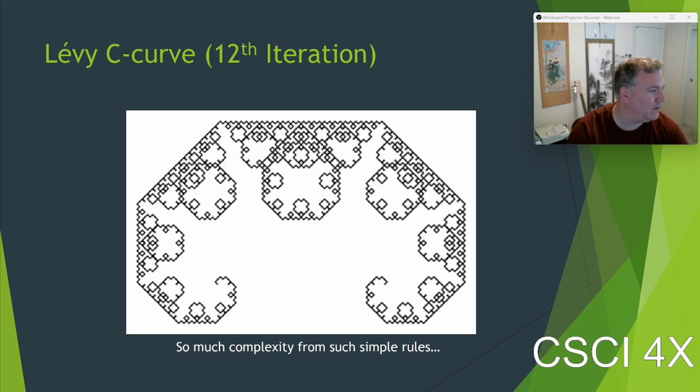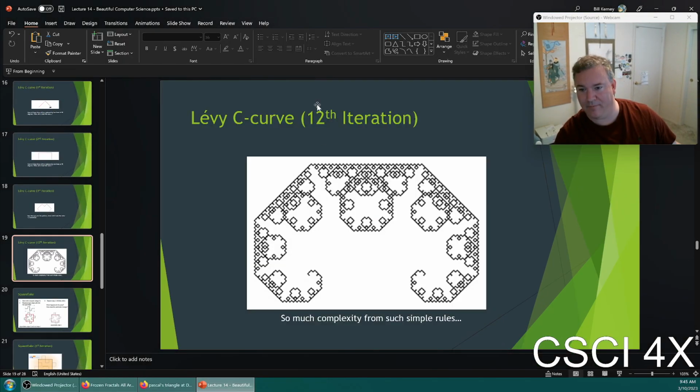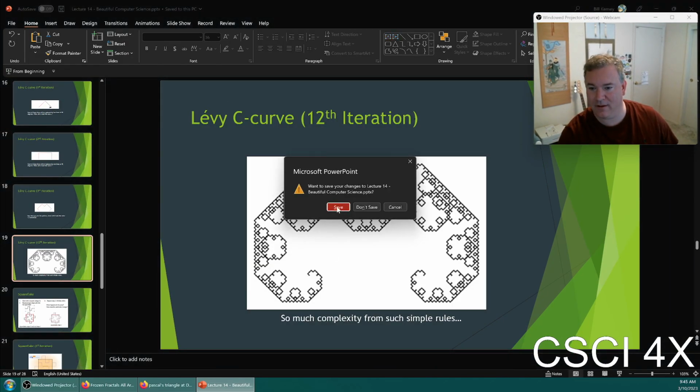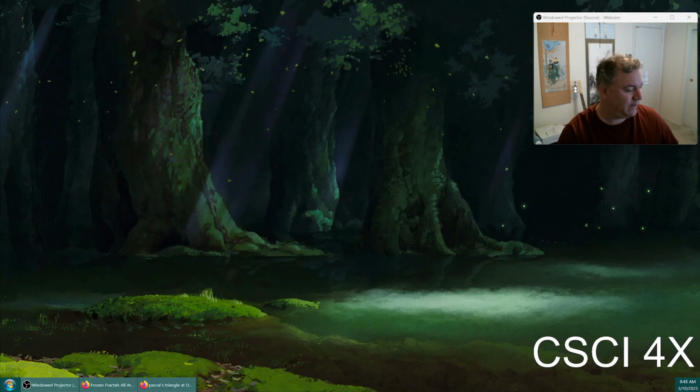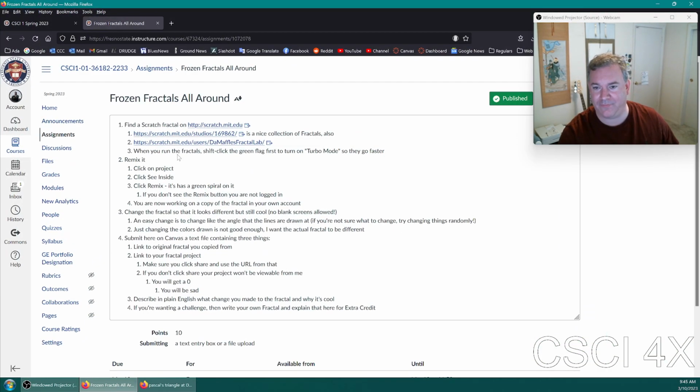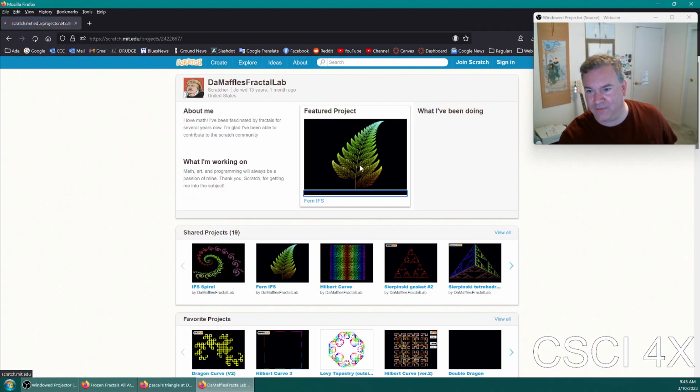So what you're going to do for your homework assignment is you are going to find a fractal, and I've posted it on Canvas. This assignment's called Frozen Fractals All Around. I've posted various fractals in Scratch.